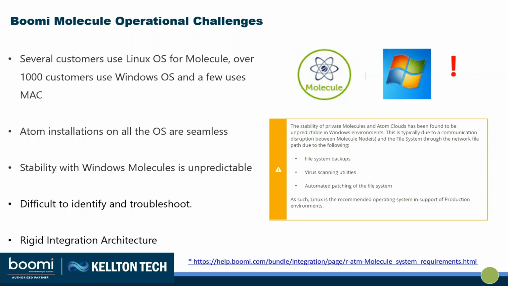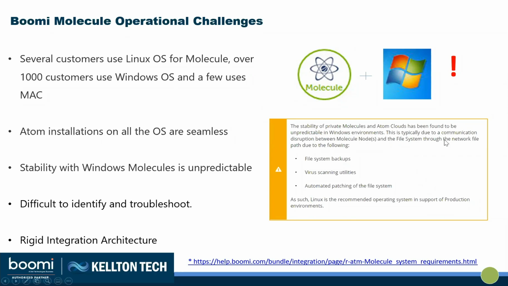The Windows-based molecules tend to have a little bit of instability, or their stability is kind of unpredictable in a Windows environment. The Atom installations, of course, work across the OSs very seamlessly. However, when it comes to the molecules, they're a little bit unpredictable.